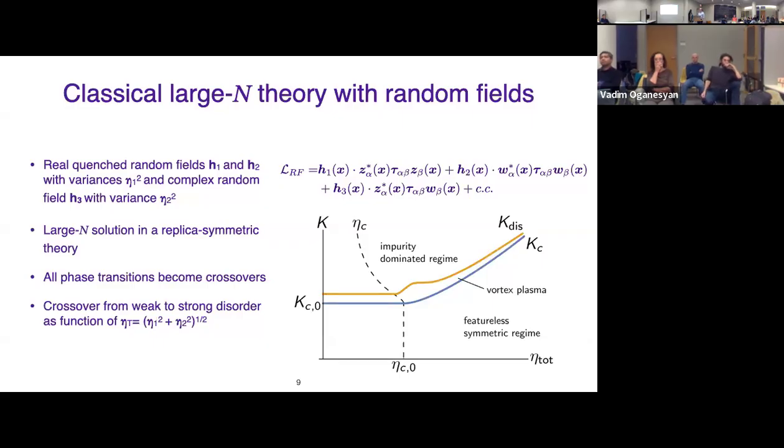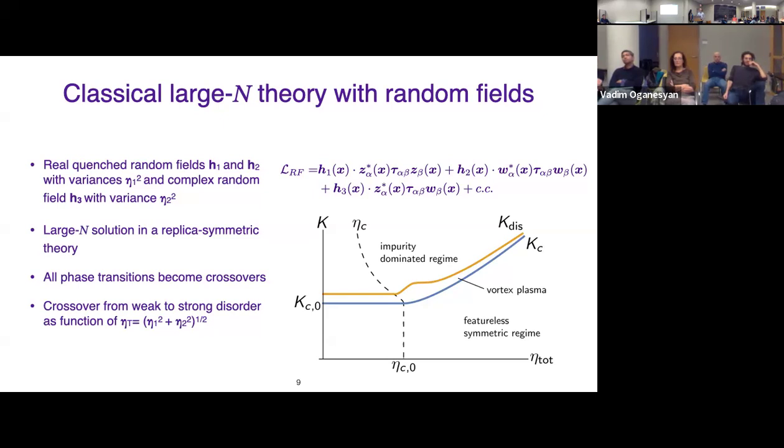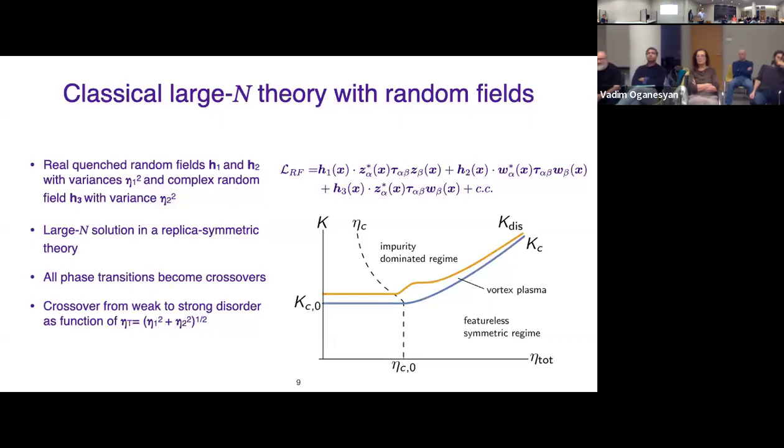And so I can have random fields that couple to this bilinear here, which is gauge variant, by the way, essentially. There's another one, which I will take essentially having the same distribution, the same variance. The factors essentially tie this together. And finally, another one with an H3, which is complex, that is going to couple precisely to this object, which, if I take the trace of it, I will get the C.